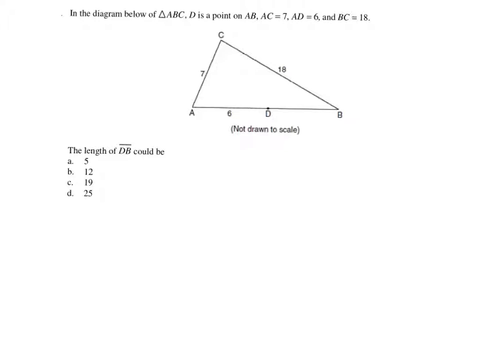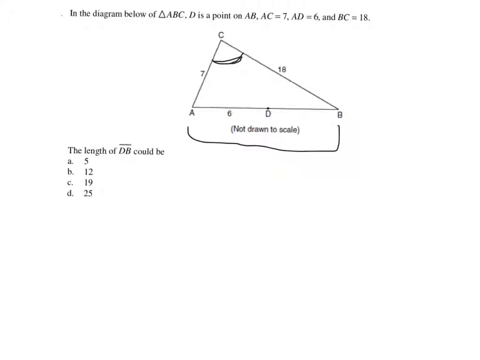Let's take a look at this multiple choice question. In the diagram below of triangle ABC, D is a point on line AB. AC is equal to 7 and AD is equal to 6 and BC is equal to 18. So if we were looking at this, we know that AB would have to be the longest side because angle C is the biggest angle.